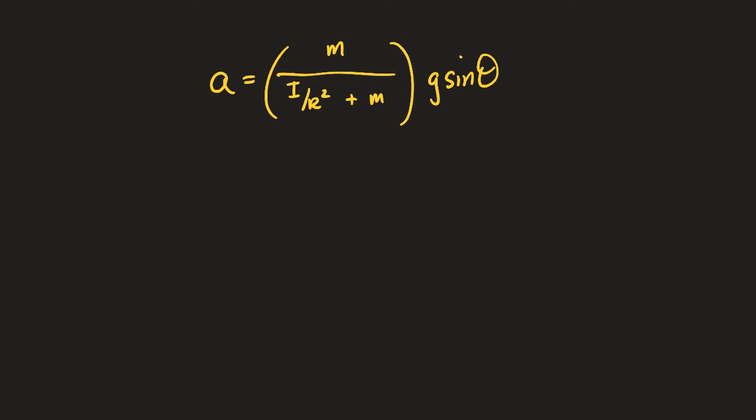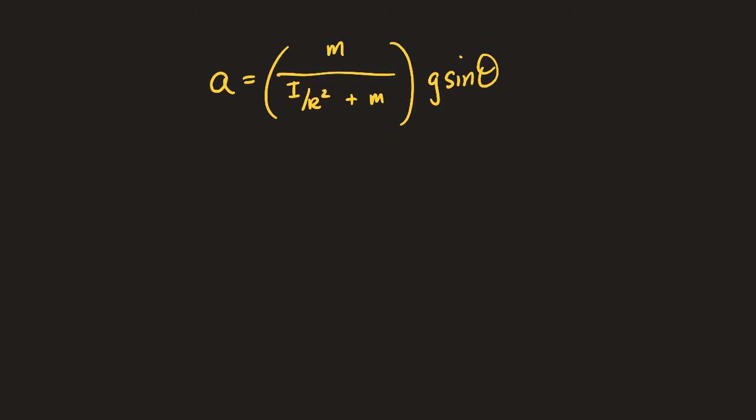If I group it differently, do you realize that if there's no rotational inertia, this just becomes g sine theta? But anything with rotational inertia will accelerate at a slower acceleration, right? The denominator has to be bigger than the numerator here. This whole thing has to be less than 1.